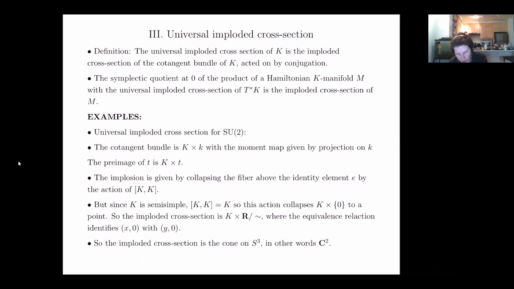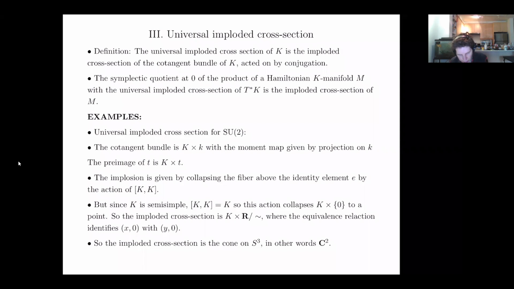The implosion is given by collapsing the fiber above the identity element by the action of the commutator subgroup. But if K is assumed to be semi-simple, obviously true for SU2, then K is equal to its commutator subgroup. So this action collapses K cross 0 to a point.